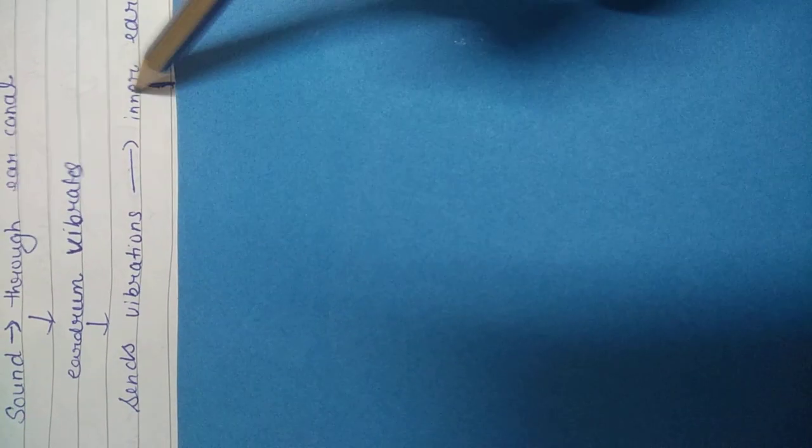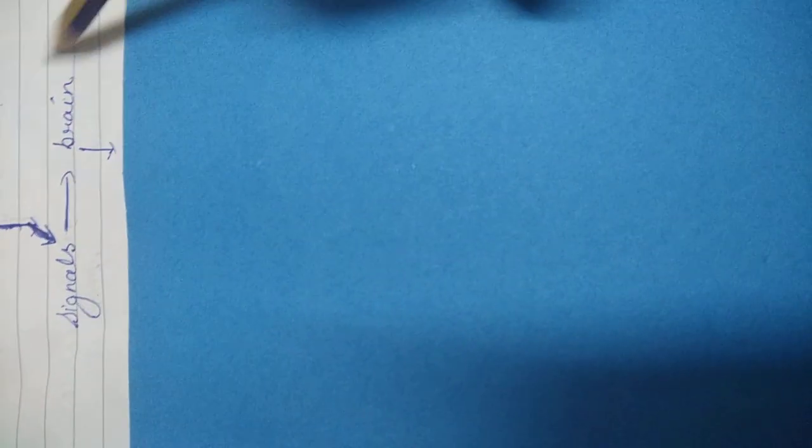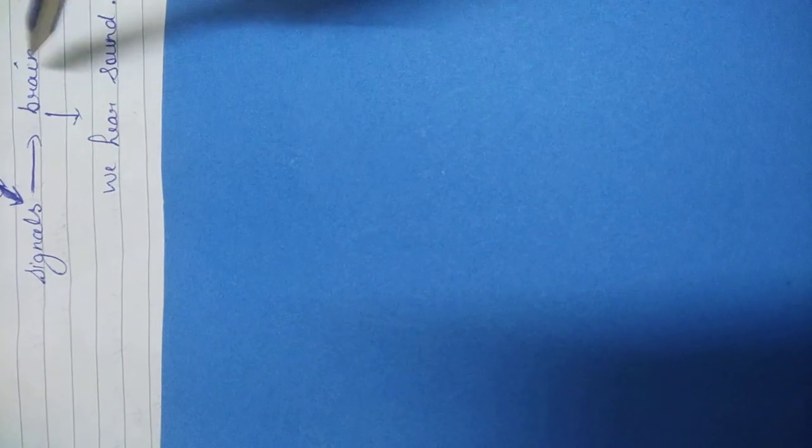Next, the inner ear gives a signal to whom? To the brain. And the brain, the main powerhouse, the Supreme Court, will say, yes, you have to do it. Then the brain gives the message that yes, there's a sound, you need to hear it, and then we hear the sound.